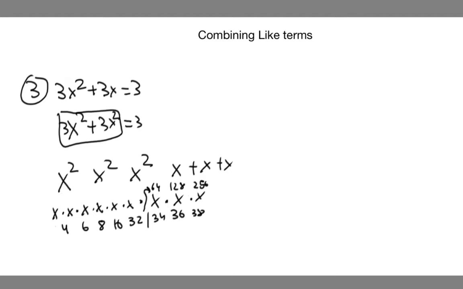So 256 and 38 are really far away from each other. 256 is not just greater than or equal to, it's much greater than 38. So this is why for equations like that, you cannot do this.